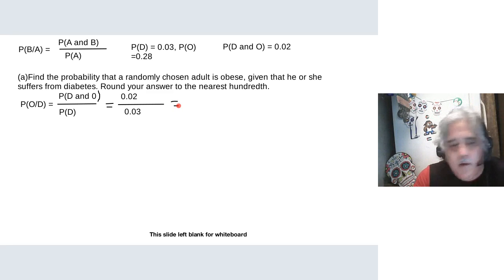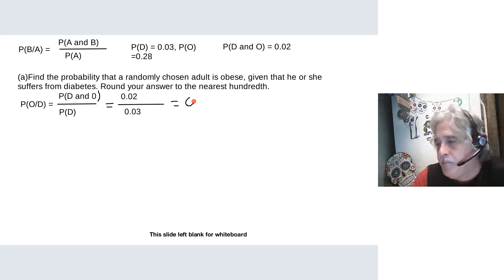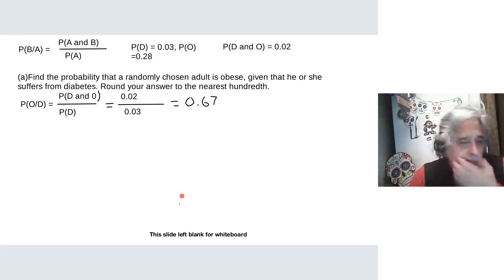And you know you're in the right ballpark because the larger one is in the denominator. And that's going to be 2/3 essentially. And 6, 7. All right. Any questions about that one?